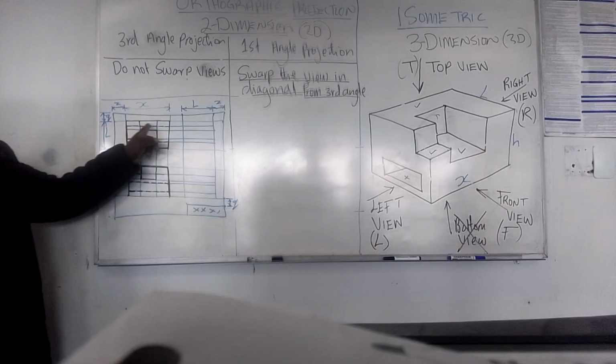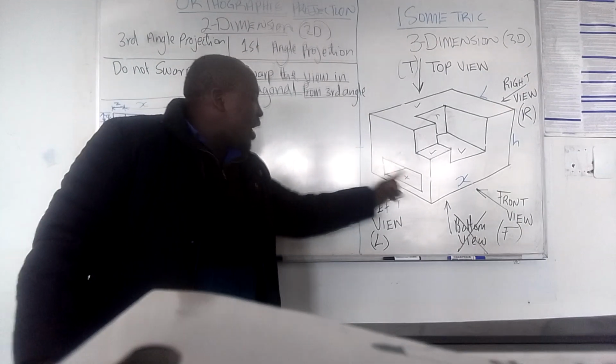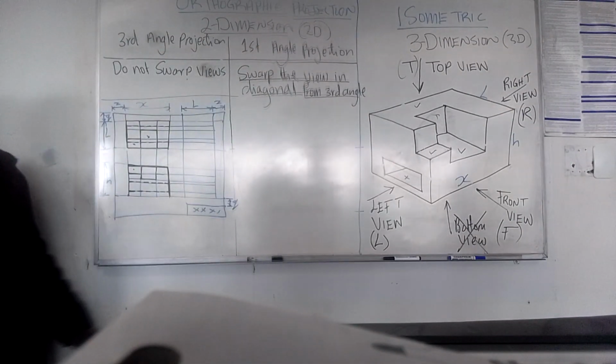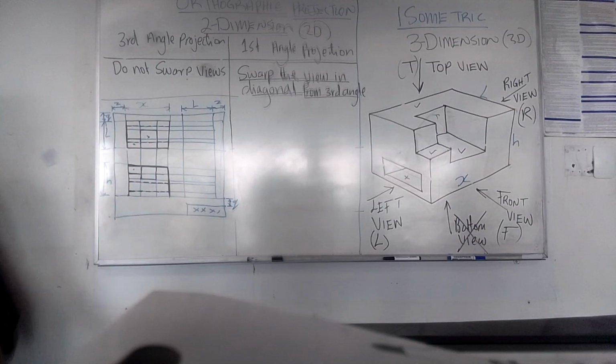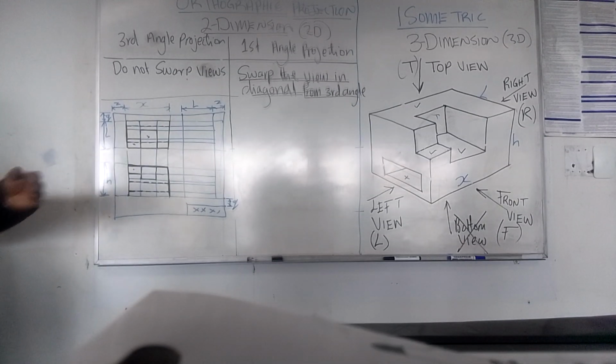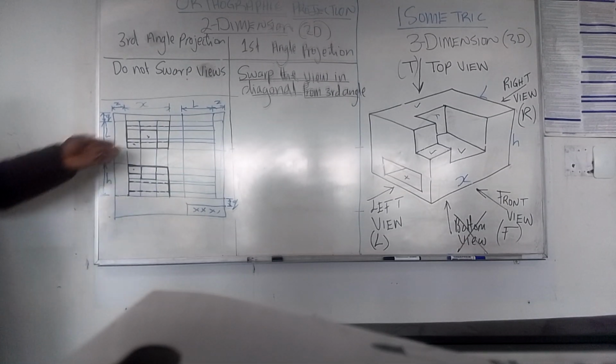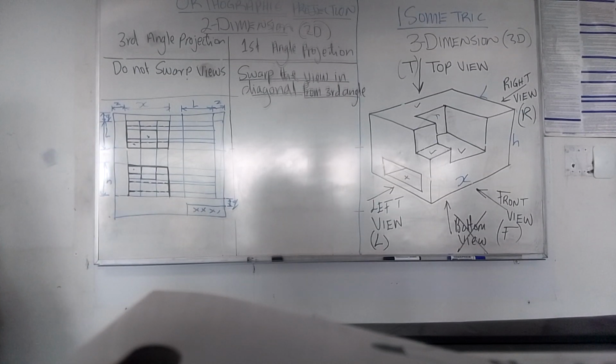So these dashed lines are this one and that edge. Is that clear? Now I need to get the right view. I don't need to start looking there. I need to be able to read from these two drawings. But because I'm using the 3D, I will show you. When you have these, you just need to imagine the drawing in your mind.